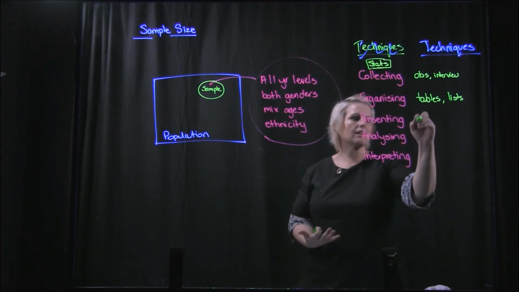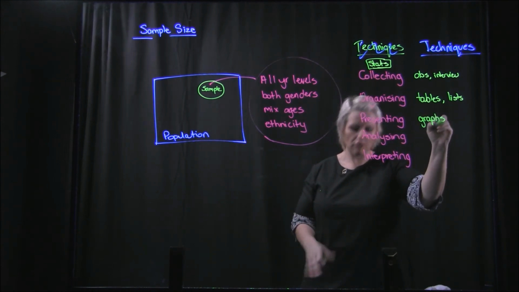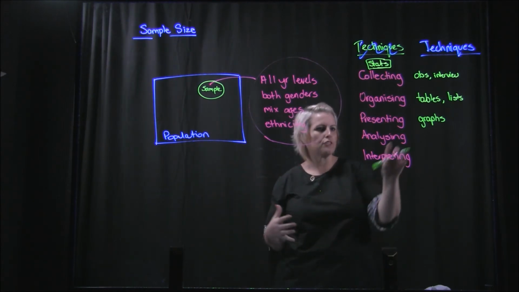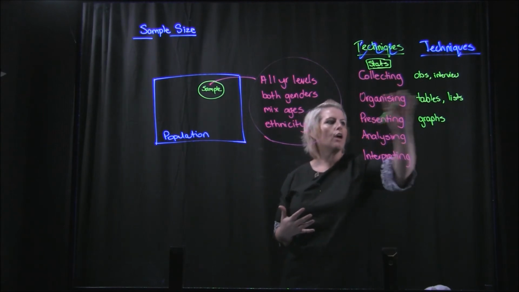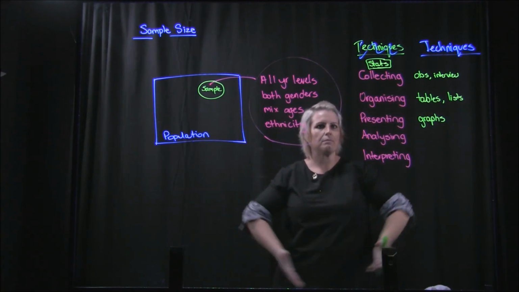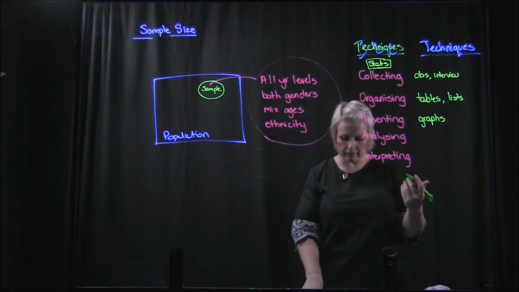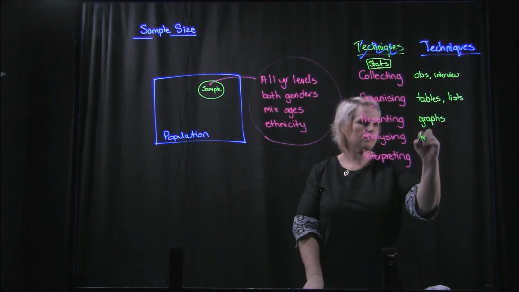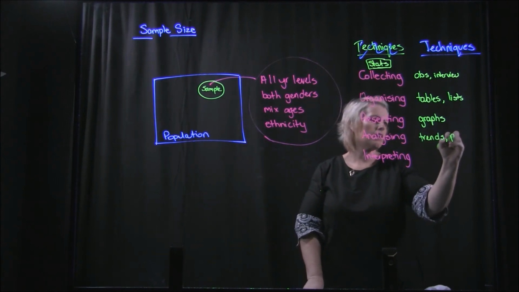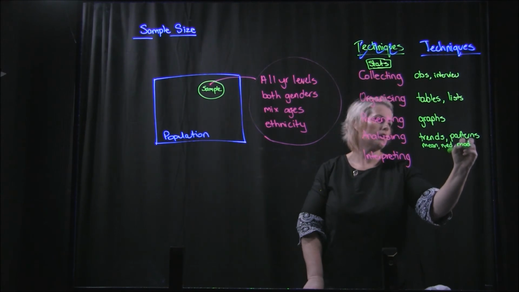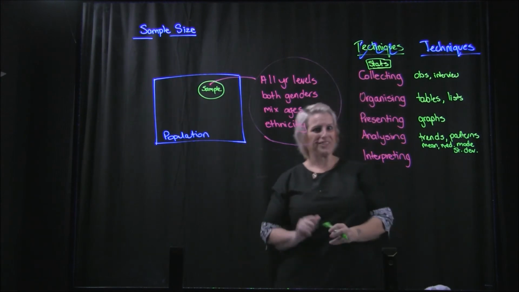Presenting is where we look at graphs. We present the information in a graph so that we can analyse it. Once we have the data organised and then presented in a graphical display, we can find trends and patterns, and we can do things like mean, median, mode, even standard deviation, which you're going to learn.